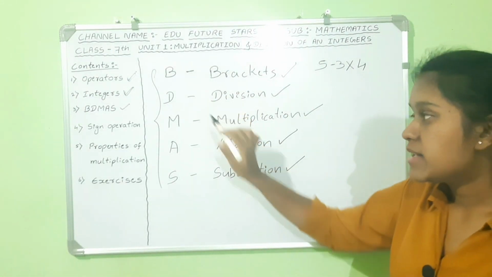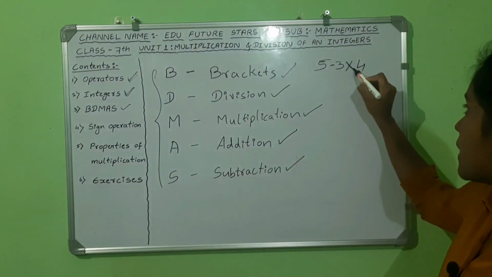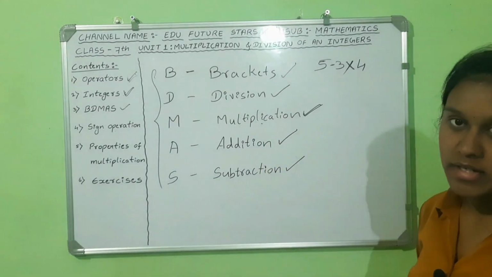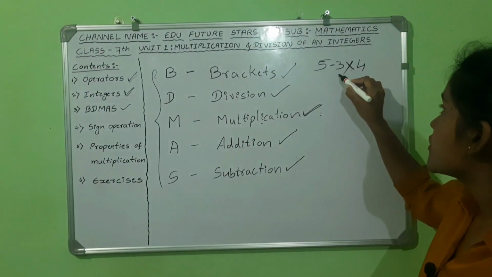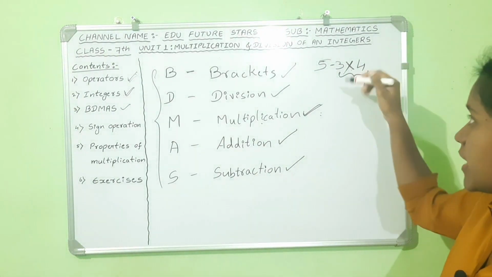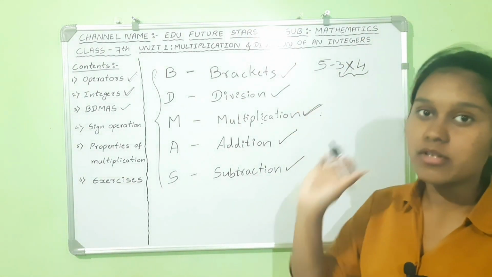Bodmas indicates the priority. Here multiplication is in the third priority, so we have to give priority to the multiplication symbol first. So we have to solve 3 into 4, then subtract from 5. That is the actual question.